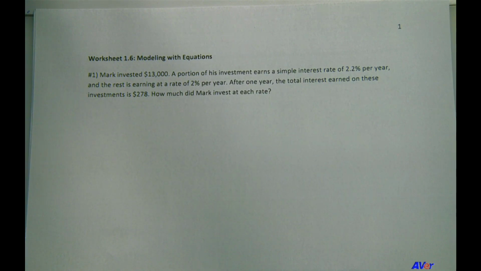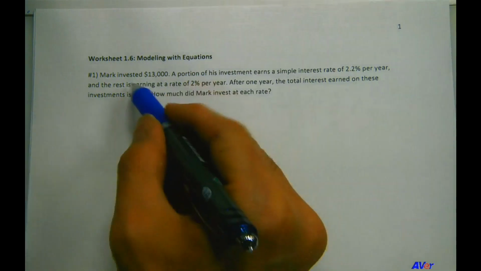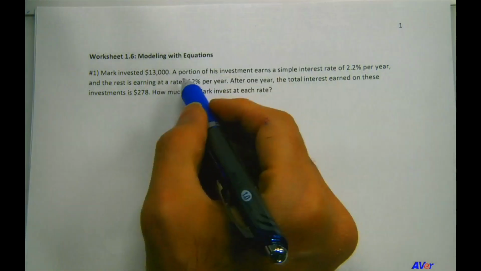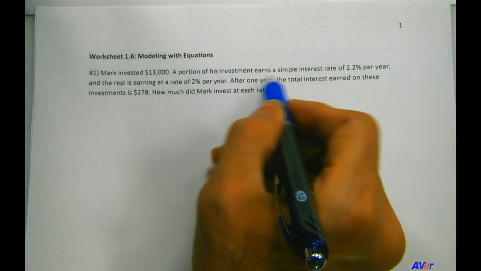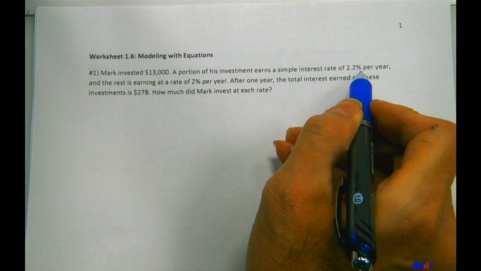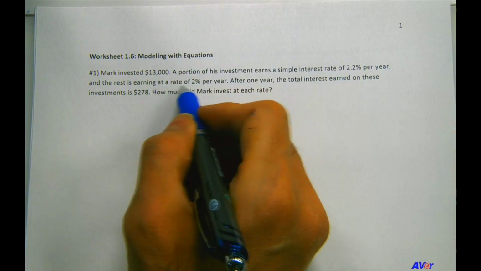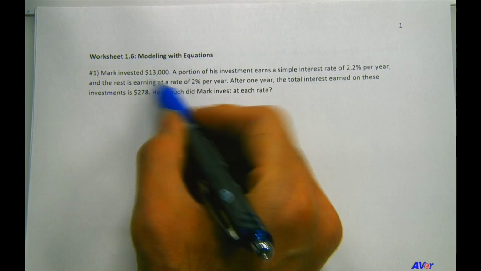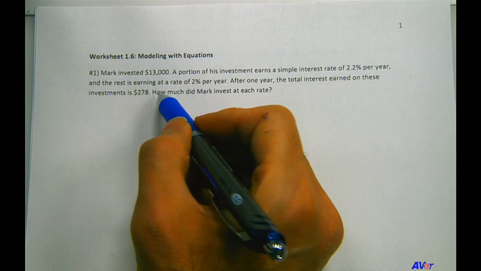Okay, so let's begin with this. The first problem says that Mark invested $13,000. A portion of his investment earns a simple interest rate of 2.2% per year, and the rest is earning at a rate of 2% per year. So apparently Mark invested this amount in two accounts, right?